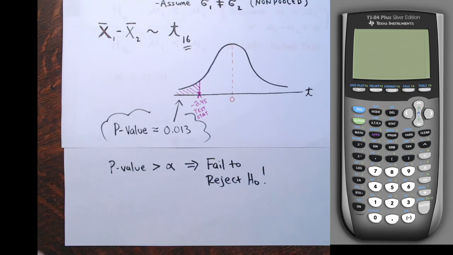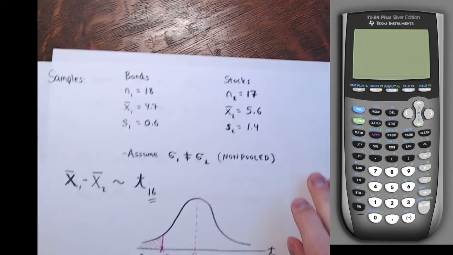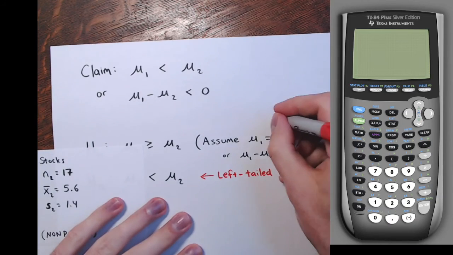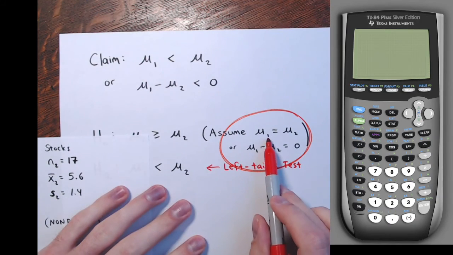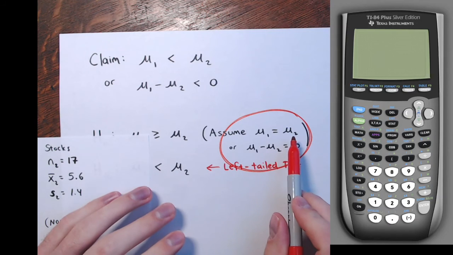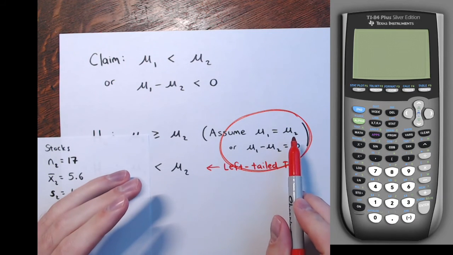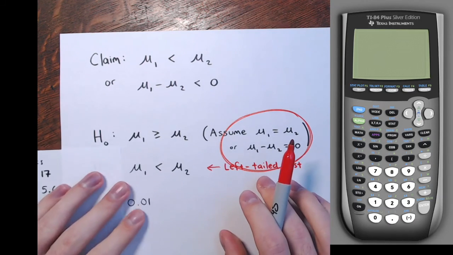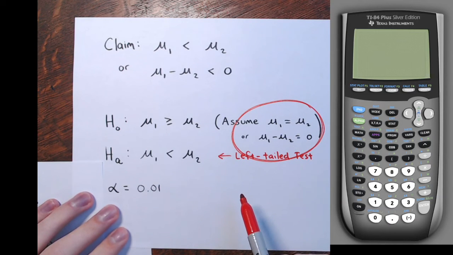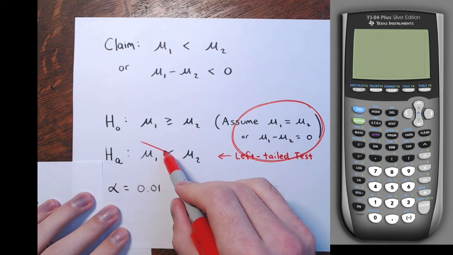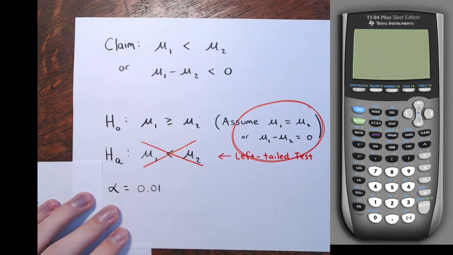So let's go back and look at our hypotheses. Now what we assumed in the null hypothesis was that their average return rates were the same for bonds and stocks portfolios. And we're not rejecting that. We're keeping that. Meaning that we're not accepting the other one.